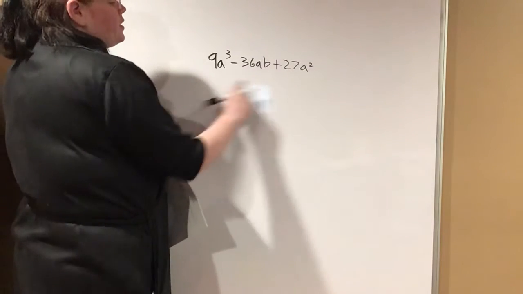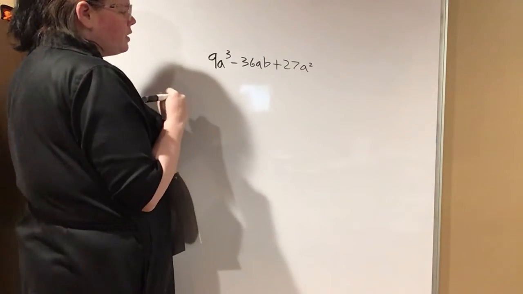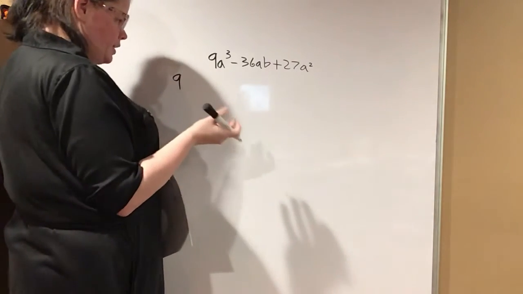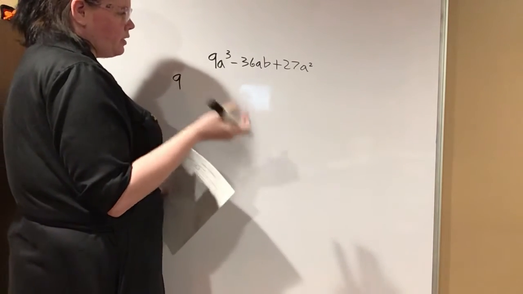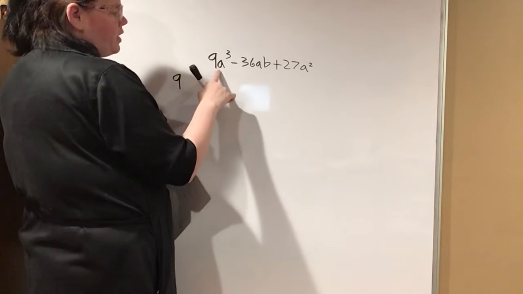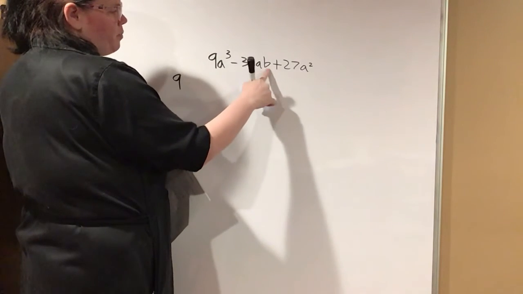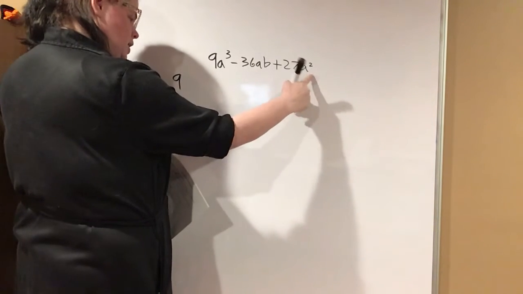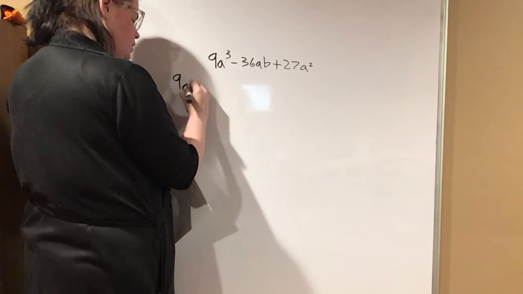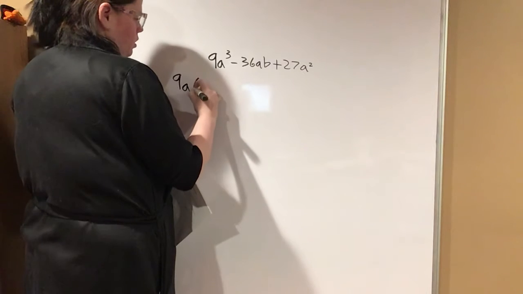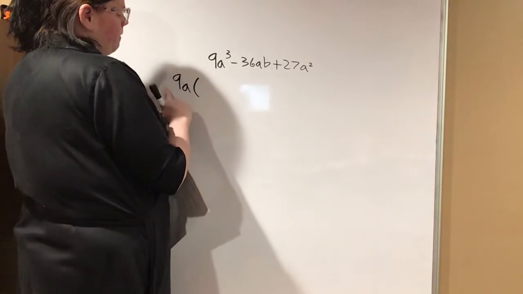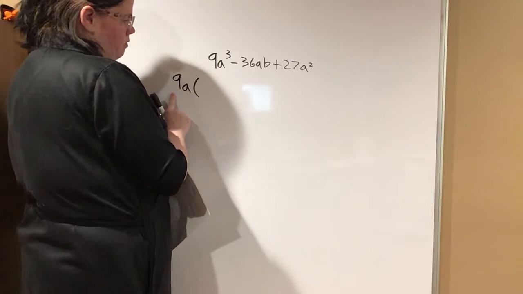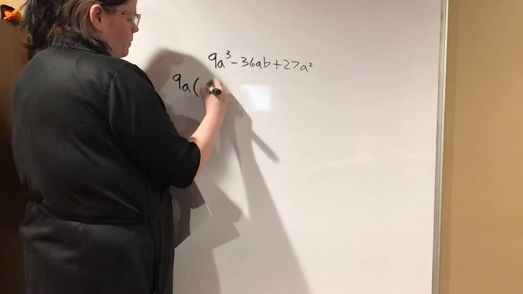So look at our numbers first. Well, I see our greatest common factor in numbers is 9. Is there a greatest common factor in the letters? Well, I see I have an a cubed, an ab, and an a squared. Each of these has an a in it, so I know I can take at least one a out. So now that I do that, 9a cubed divided by 9a is a squared.